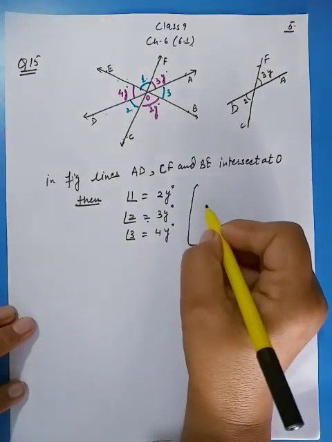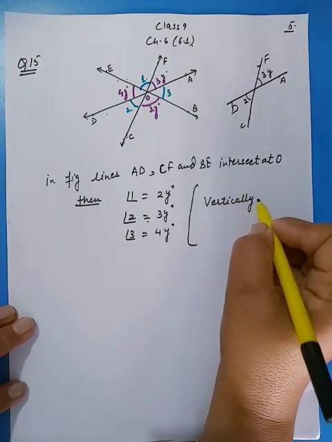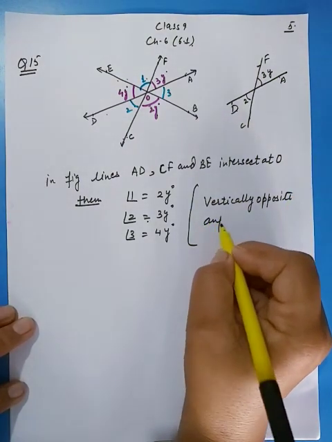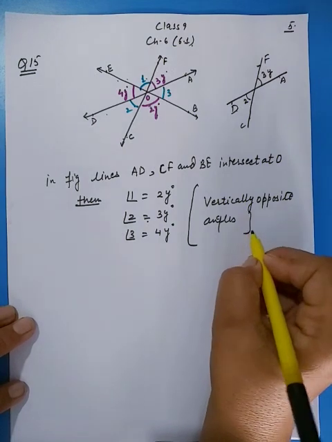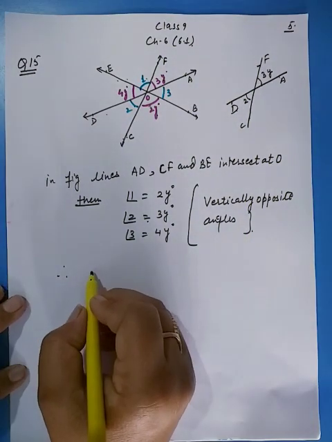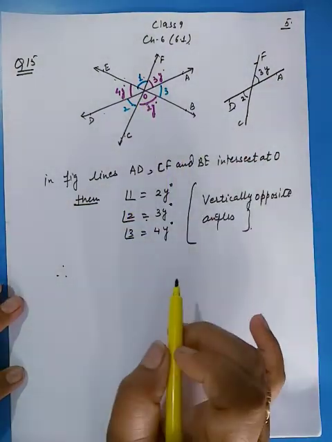And what is the reason behind this? These all are vertically opposite angles. So therefore, now we have all the three missing values.